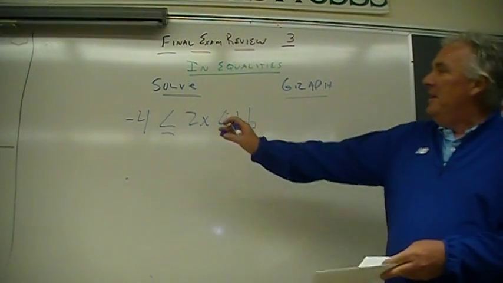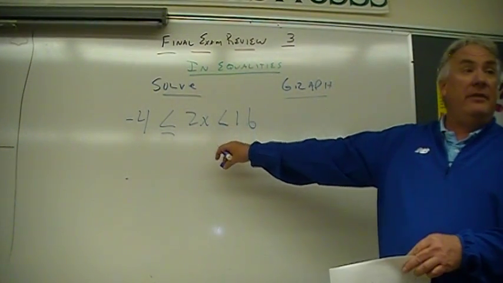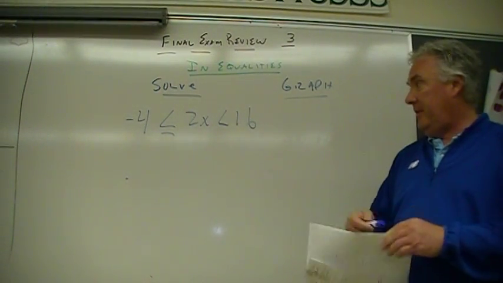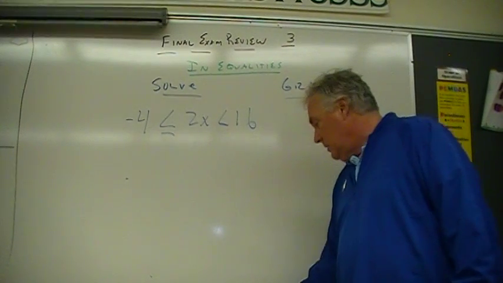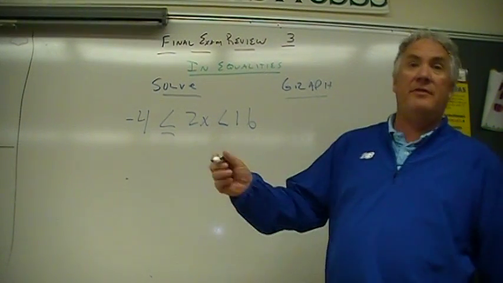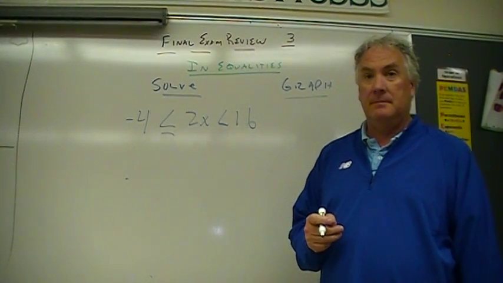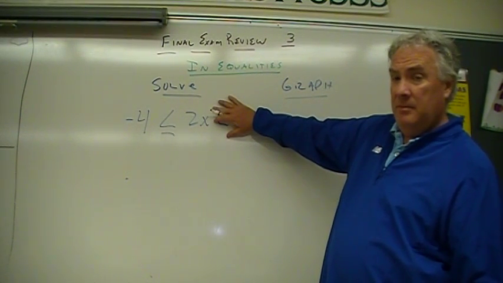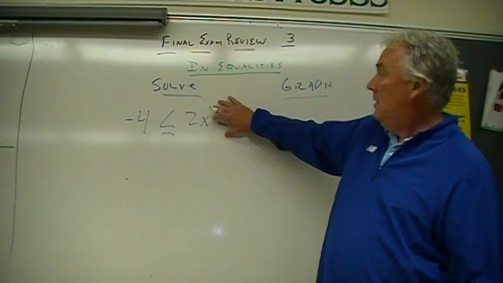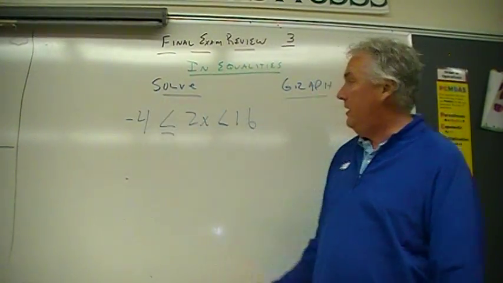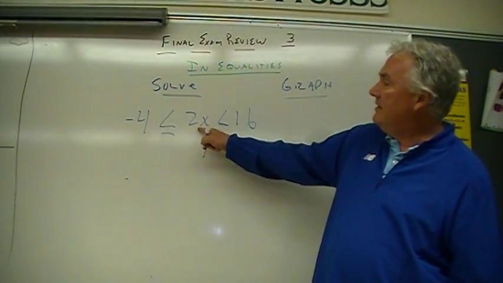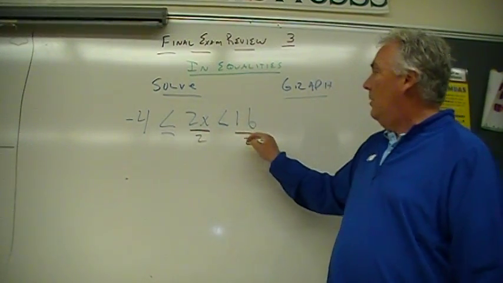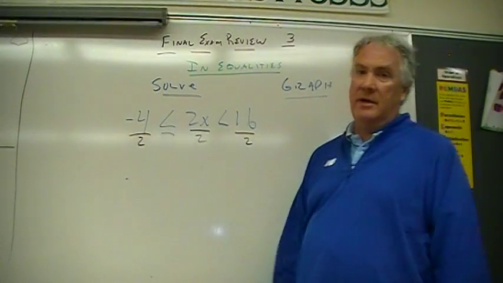All right. Compound, we did these for a little while, back in January-ish. So, we have two things. We have this problem and we have this problem right here. Because this is joined by multiplication, to get rid of the 2, we divide everything by 2.